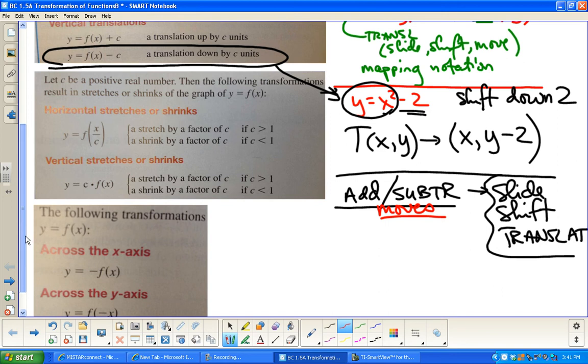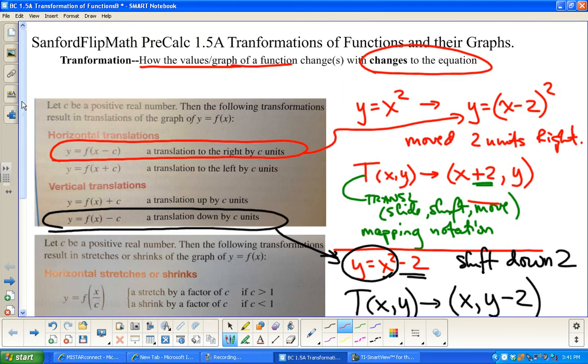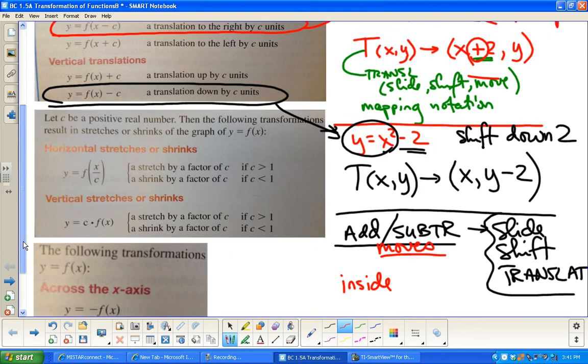Okay? If that addition or subtraction is inside the function, like for instance, inside the squaring, it was farther up. If it was inside the squaring, notice this said minus, and what we really did was plus, or toward the positives.